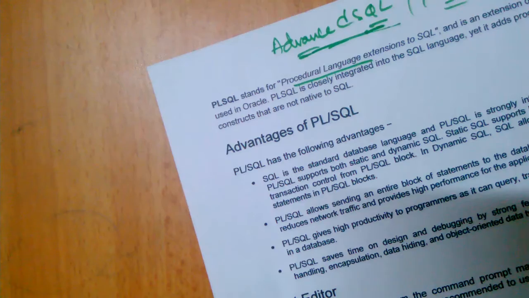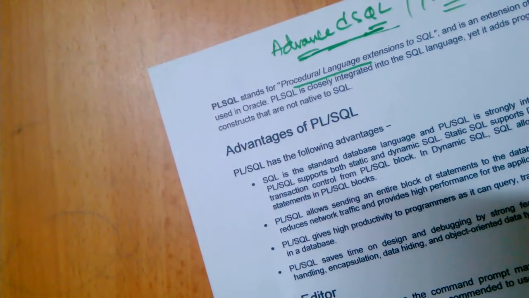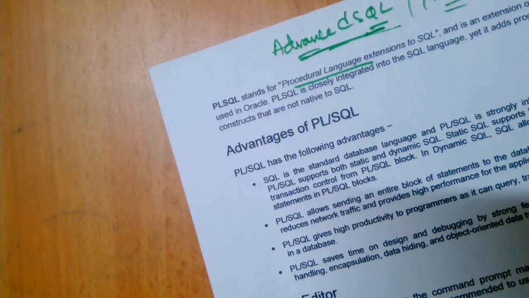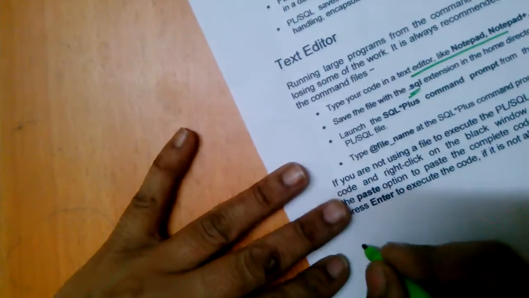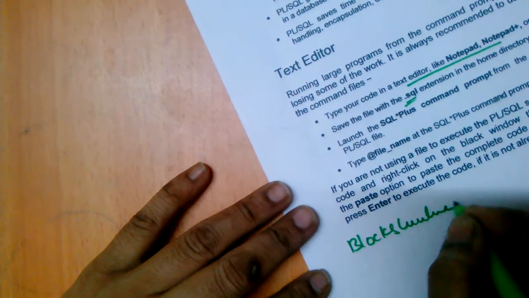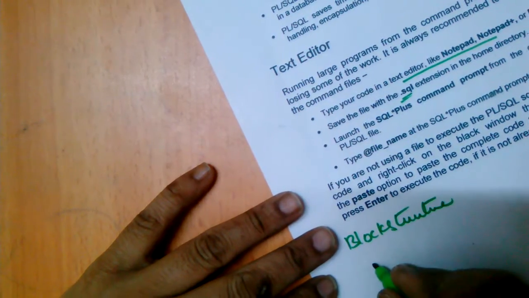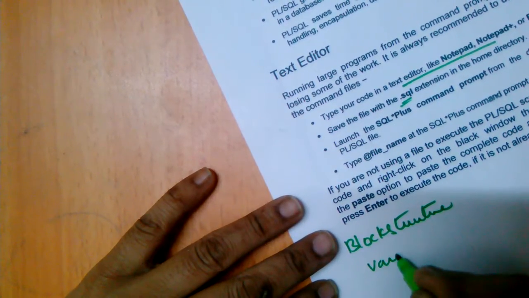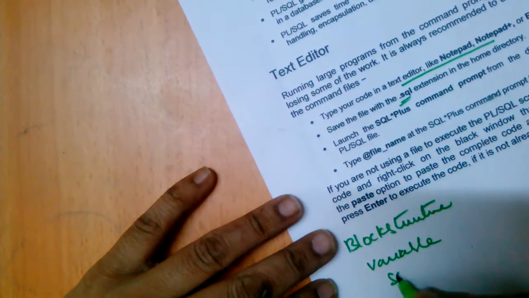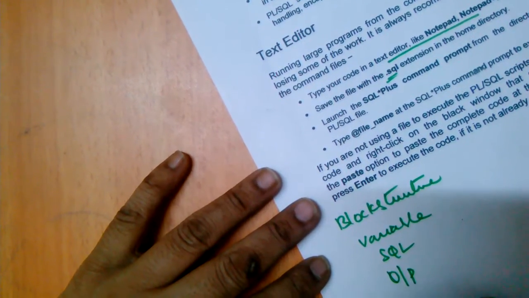PL SQL contains blocks of SQL statements, so we call PL SQL a block structure, where it contains a set of statements. It may contain variable declarations, some SQL statements, and some output statements.